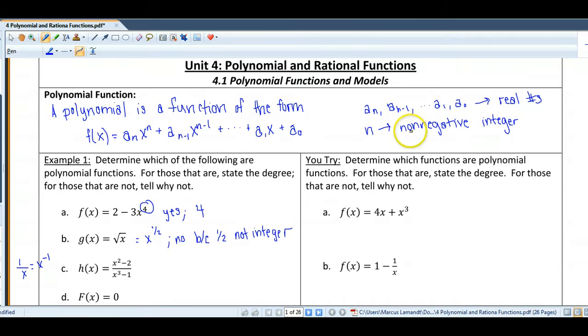And we already said that n has to be a non-negative integer. So if I were to take this and switch it to the top, it would change to negative. So, no, because the polynomial on the bottom is positive. Okay.